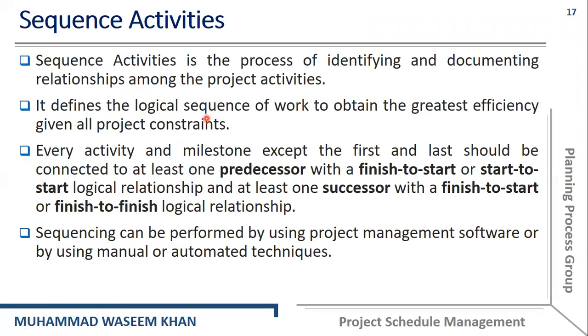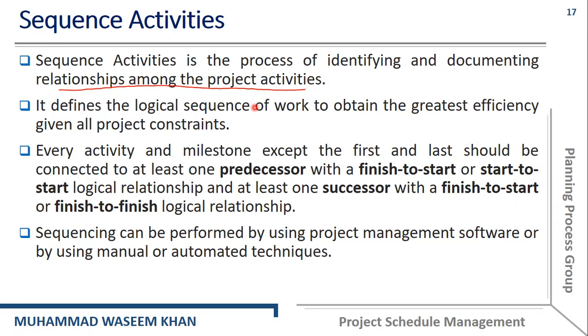So, what is the sequencing activities process? It is the process of identifying and documenting relationships among the project activities. So, sequencing activities is actually a process which is used to identify and document the relationships among the project activities. In the second process, defining activities, we defined the activities and prepared a list for those activities.